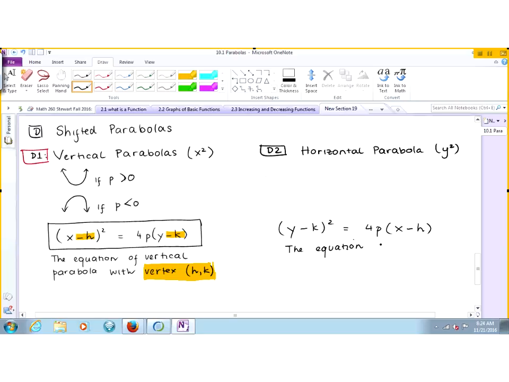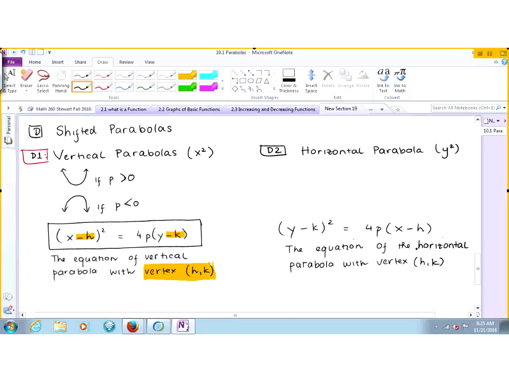So this is the equation of the horizontal parabola with vertex h comma k. Oh, you are totally right, I wrote vertical, but this is horizontal.